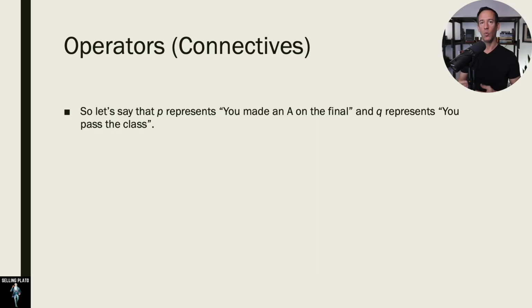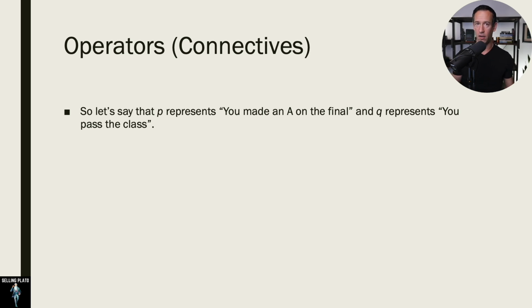And then we're also going to let Q represent the statement "you passed the class." So far you're keeping track of just a couple of different statements. You made an A on the final, and we're going to let P represent that statement. And the second statement, "you passed the class," we're going to let Q represent. So we've shortened it to just a couple of different letters at this point.